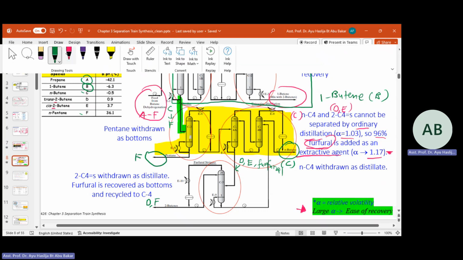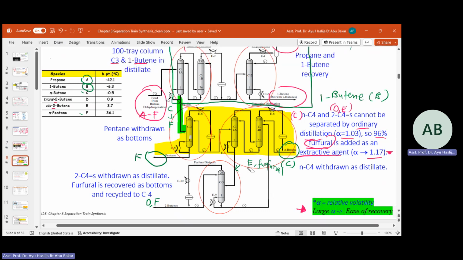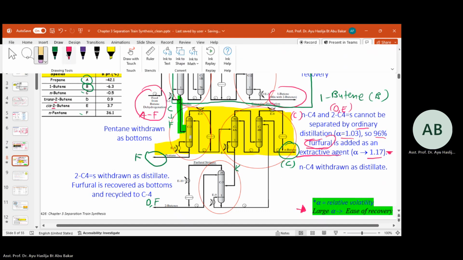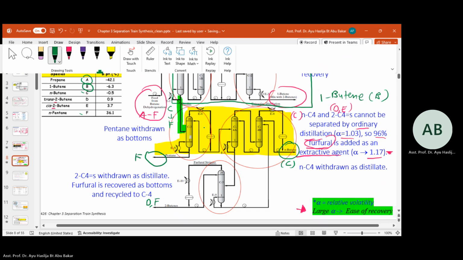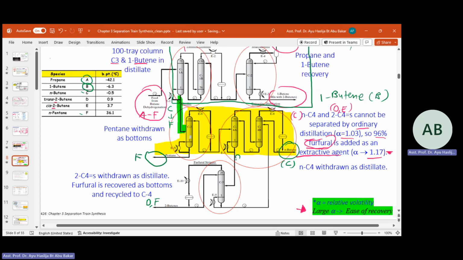Let me write it nicely so that you understand. Okay, here is D, E, and furfural.